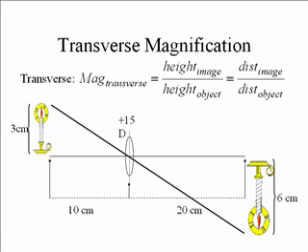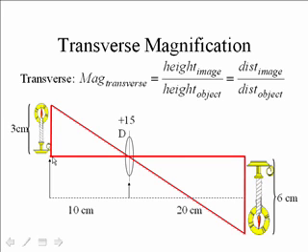We can also make this diagram into two similar triangles, and we do it like this. Now we have similar triangles, and they're similar because this angle here is the same as this angle here. Therefore, think back to high school here, the ratio of the bases is the same as the ratio of the heights.